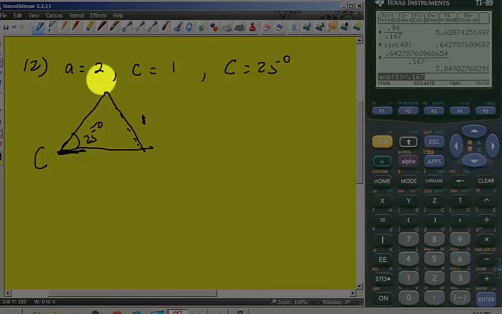The remaining side A, I want to put here. And this is a reason: if you have an ambiguous case, actually you should do that all the time because you don't know when it is an ambiguous case.